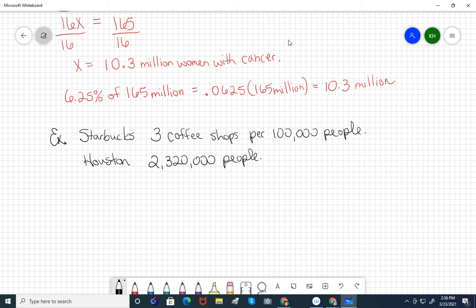So how many Starbucks would we expect to find in Houston? Well, there's 3 Starbucks for every 100,000 people. So we would expect X number of Starbucks for 2,320,000 people. Again, we cross multiply.